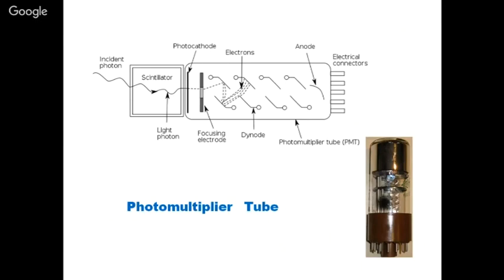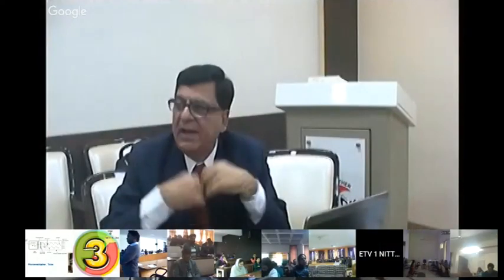Then there are times when the optical fiber is passing through a region where you cannot have a repeater, or your signal has depleted to even less than a picowatt. Earlier we used to have a photomultiplier tube, in which there were a number of diodes, and each time one electron would generate, or produce, 10.